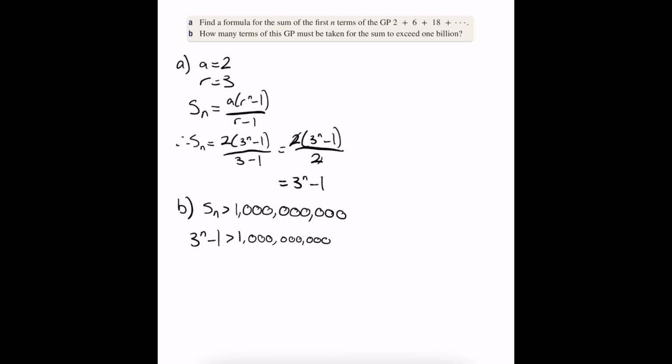Now instead of 1 billion, I'm just going to write 1b just to make it simple. So 3 to the n minus 1 is greater than 1 billion. And then when we plus 1, so 3 to the n is greater than 1 billion plus 1. Now to solve for n here, we need to log both sides.